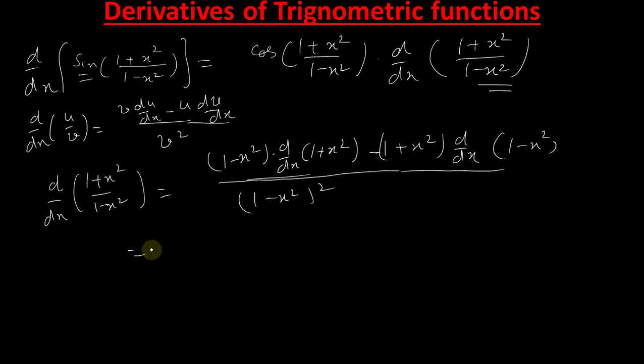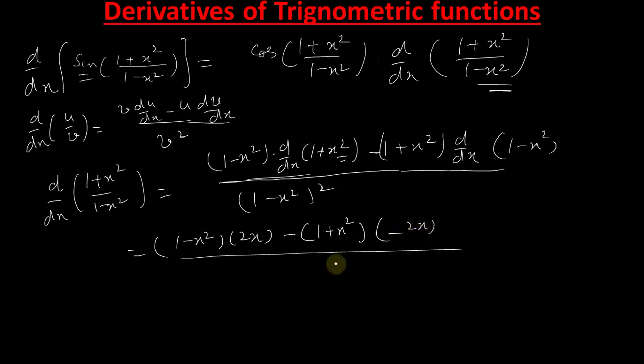So it becomes (1 minus x square) into 2x, since the derivative of x square is 2x and the derivative of 1 is 0, minus (1 plus x square) into minus 2x, divided by (1 minus x square) whole square.